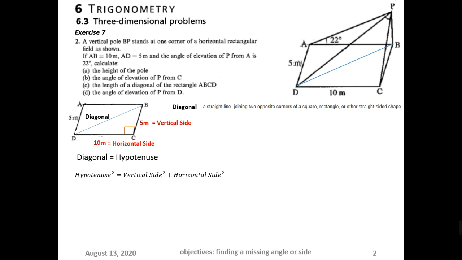Let's substitute in the equation. The hypotenuse is my unknown. The vertical side is 5 and the horizontal side is 10. So the hypotenuse to the power of 2 is equal to 5 to the power of 2 plus 10 to the power of 2. Don't use the calculator yet.